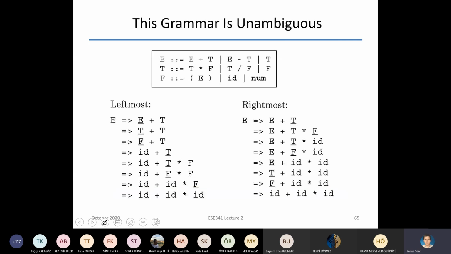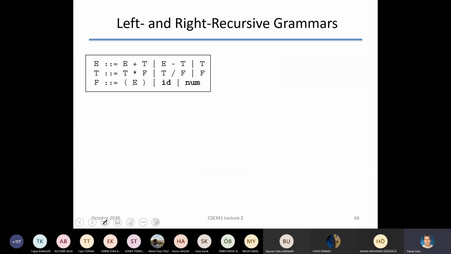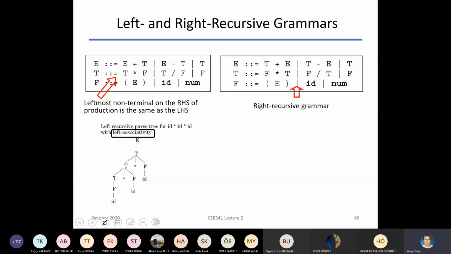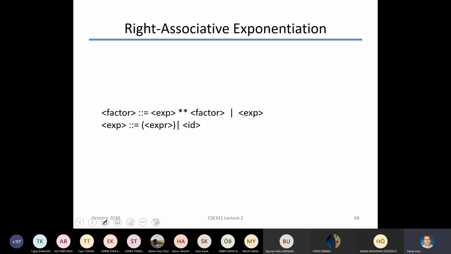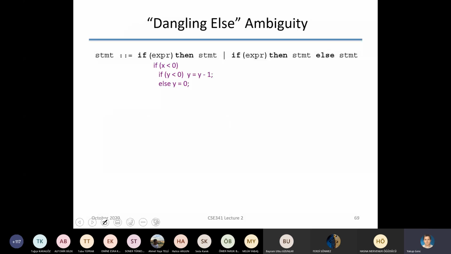If you recall, we said a grammar is ambiguous if the leftmost and rightmost derivations are not the same. And operator associativity, we talked about it. Let's look at a problem other than operator associativity, the way that we would order the operations in an expression.